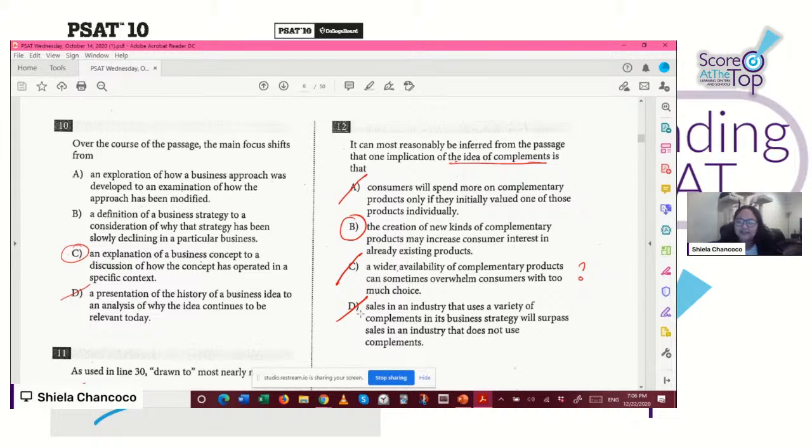The creation of new kinds of complementary products might increase consumer interest in already existing products. Okay. So for this one, B is very vague, right? But looking more into the passage, they talked about online streaming of music and everything, right? Back in the current century.